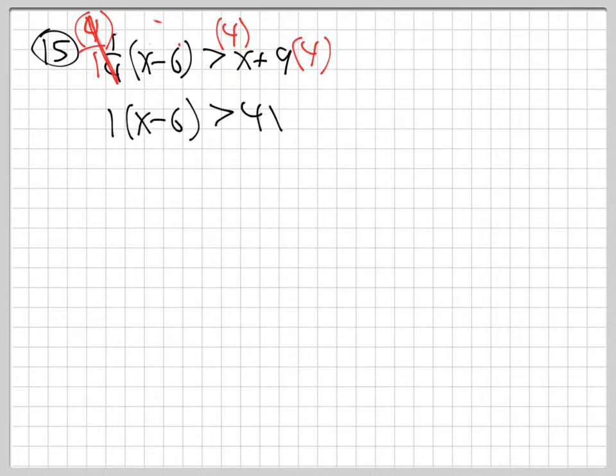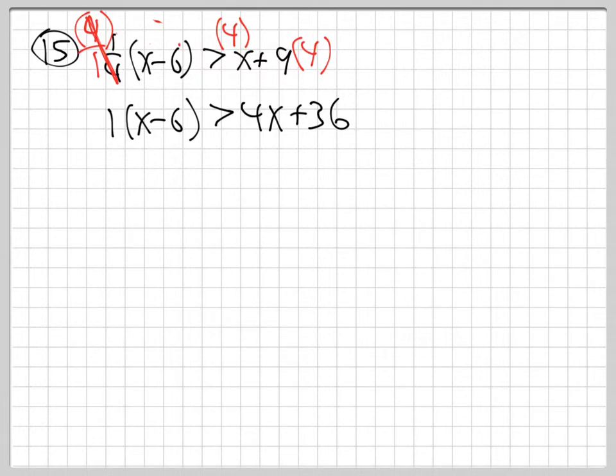On the other side's 4x plus 36. No more fractions. Much nicer, huh? See what happened there? Whenever you have a denominator, you multiply through by that denominator to get rid of it. But you got to do all the terms left and right. With parentheses, you just do the front, and that takes care of it.